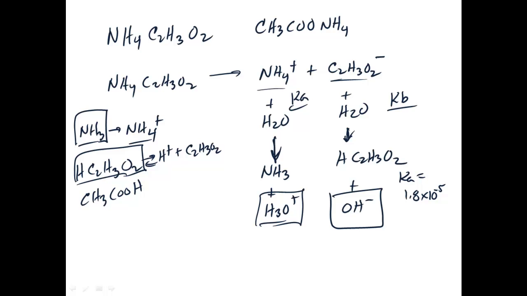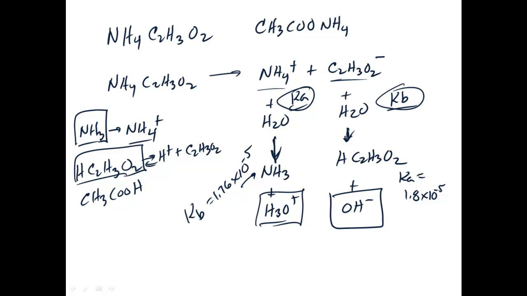And for ammonia, that's the most common form we see, we have to find a Kb for ammonia. So we look in the table, and the Kb for ammonia is 1.76 times 10 to the negative fifth. But for us to explain which one of these reactions is going to dominate, we need the Ka for the ammonium ion, and we need the Kb for the acetate ion.